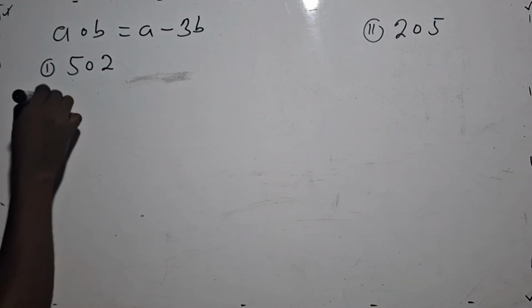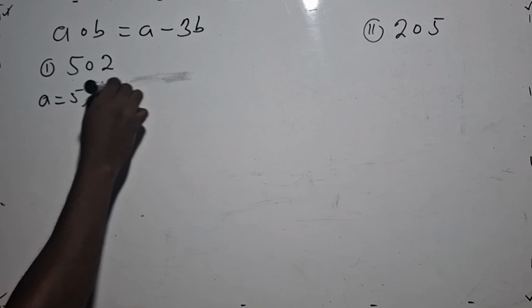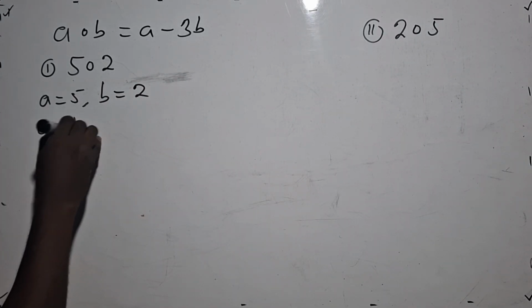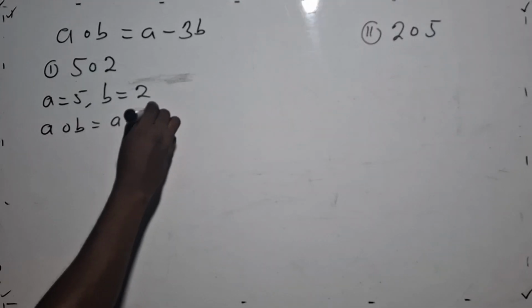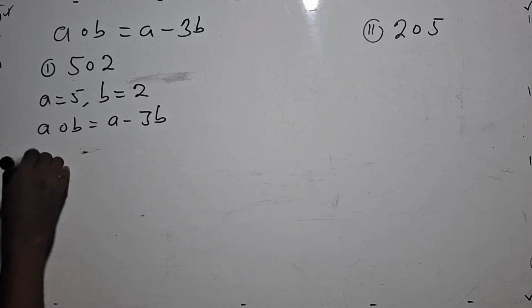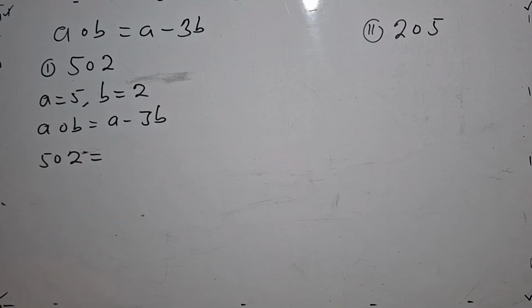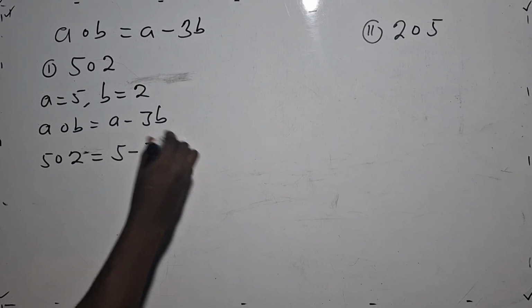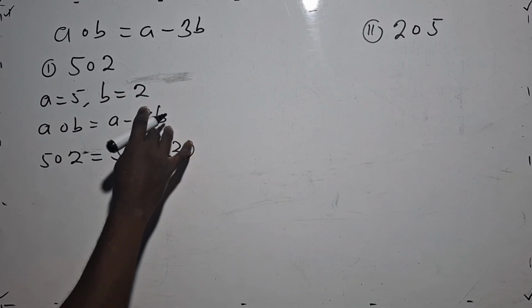For this one, it means the A is 5 and the B is 2. Following the operation A minus 3B, 5 operation 2 will be A, which is 5, minus 3 times the 2. The 3 is multiplying.